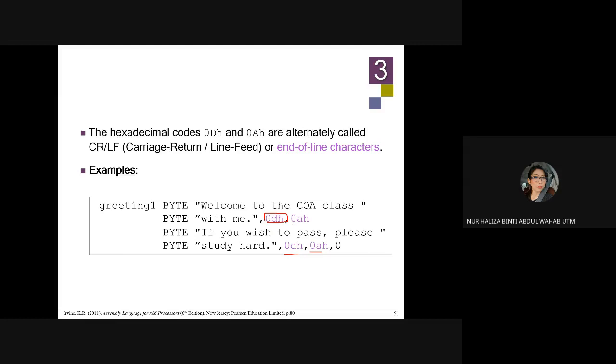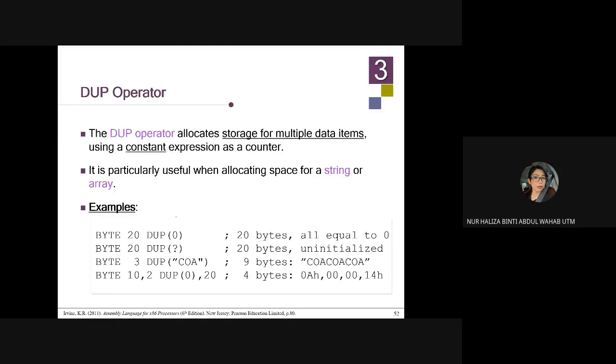So next you have DUP. This one looks like you need to multiply it. Let's say over here you have 20, so you're going to multiply it 20 times.